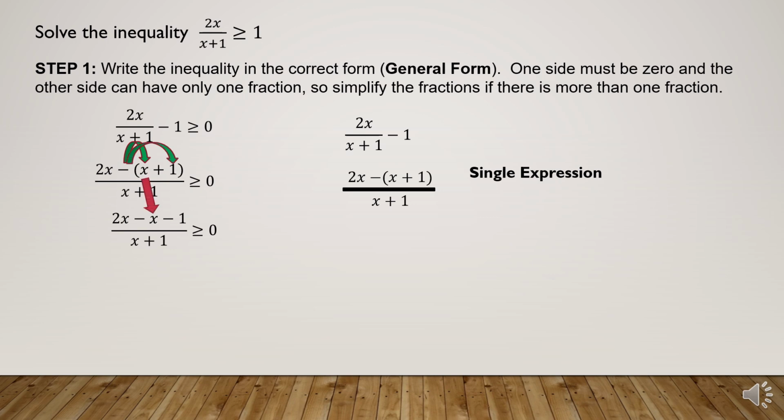Negative times positive 1, we have negative 1. So we have now 2x minus x minus 1 all over x plus 1. Combine like terms: since 2x minus x is x, then copy minus 1. So we have x minus 1 all over x plus 1 is greater than or equal to 0.